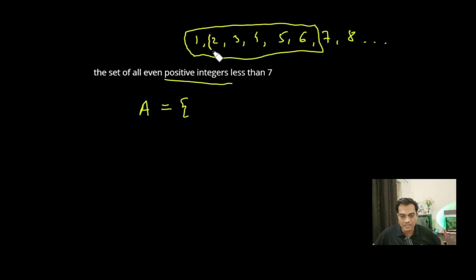So the even integers are 2, 4 and 6. So the elements of this set A will be 2, 4 and 6. So the set is like this, and we can represent this set in roster form in this way.